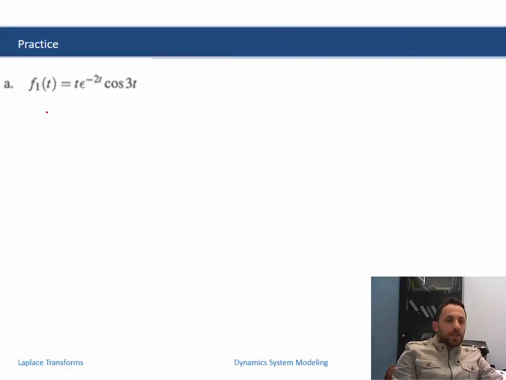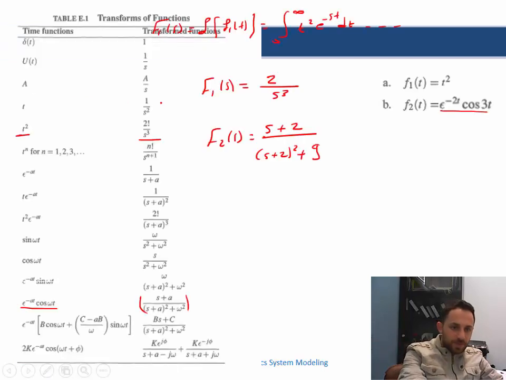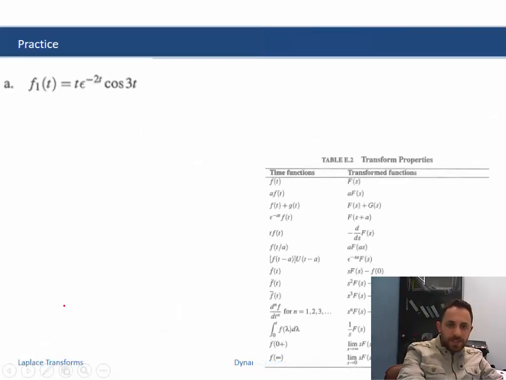So if the function is now given as f1(t) equal to t e power minus 2t cosine 3t, if you look on the previous table, we could not find any formula that looks the same. However, on the second table, it is given that the Laplace of t f(t) is equal to minus the derivative of F(s) with respect to ds.